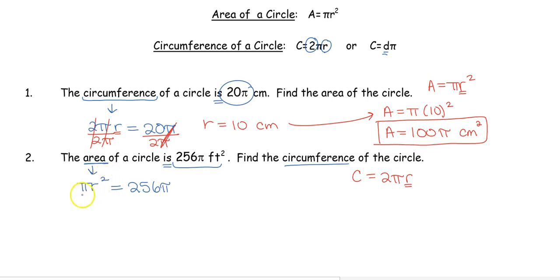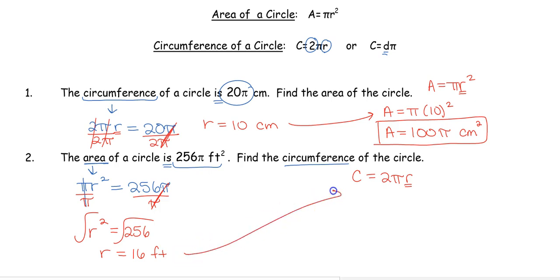Pi times r squared. I want to get the radius by itself, so I divide by pi. Those pi's cancel. So radius squared is equal to 256. We square root, and that gives us that our radius is 16 feet. Yes, it is plus or minus 16, but we can't have a radius that's negative.